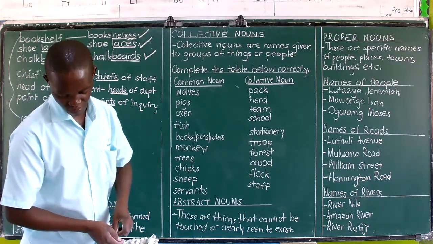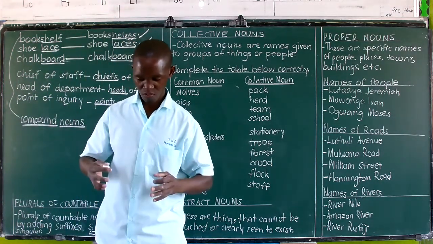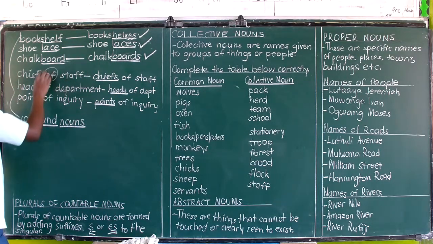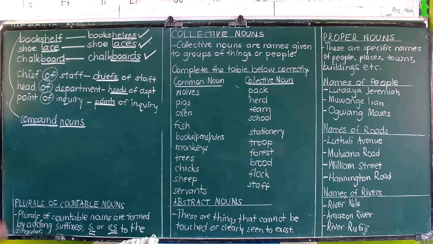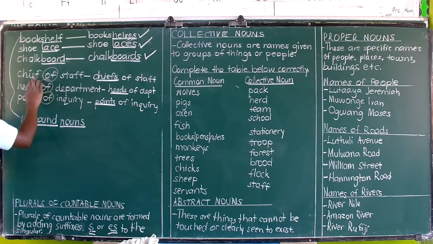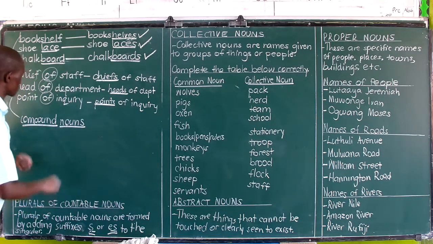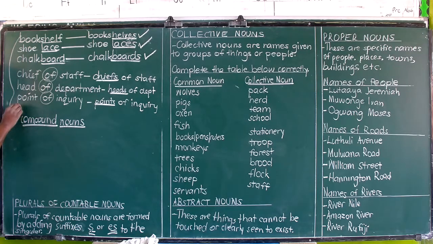As simple as that. When you look at the words we have here, maybe what I can say is that compound nouns that have prepositions within or between the two words change to plural by only considering the first noun. Which other words can I talk about? We can talk about commander-in-chief.